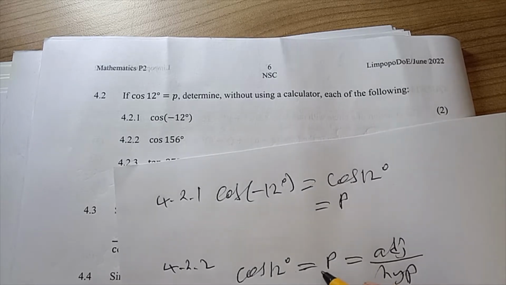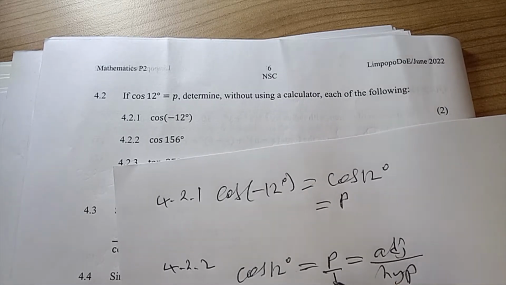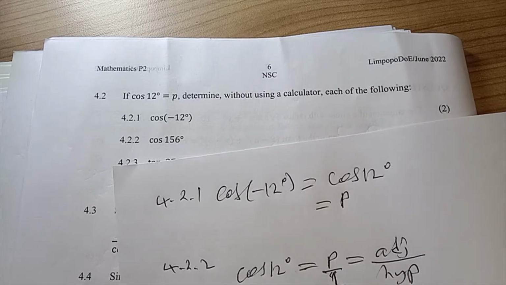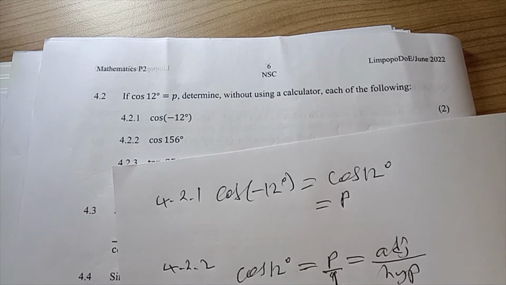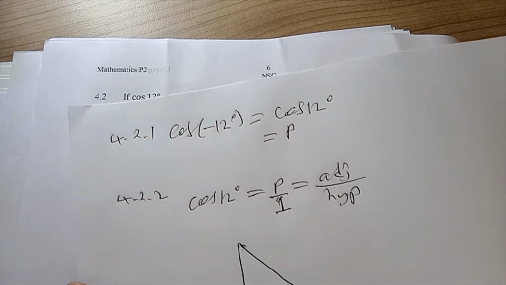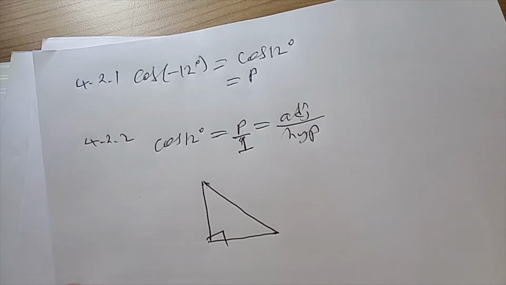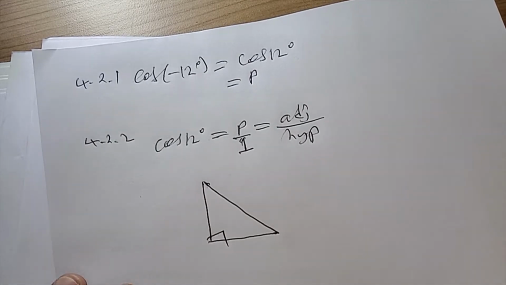Obviously, this should be divided by 1. Then we construct the right angle triangle, because we know that the trig ratios only apply in a right angle triangle.